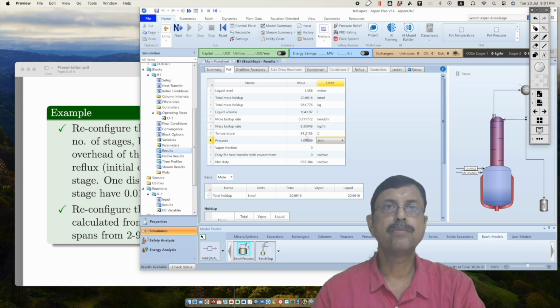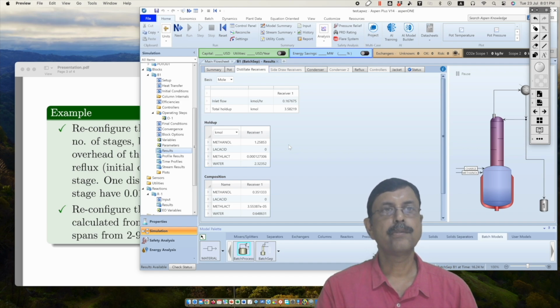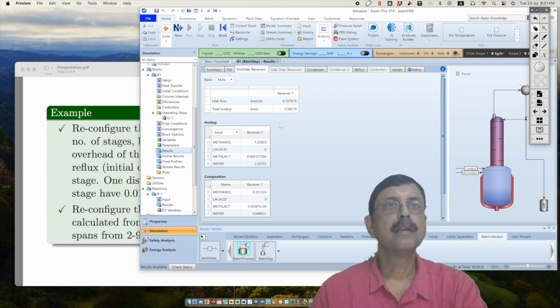Earlier it was around 40 degrees or so, but this time it is 91 degrees centigrade. We have got one distillate receiver, and probably that is the reason why it took more time, and some amount of material is going out of the system. So that is the reason the changes are visible.